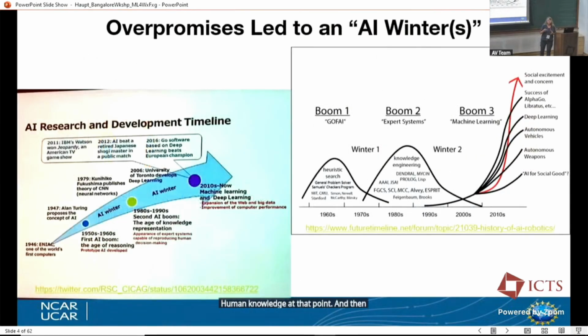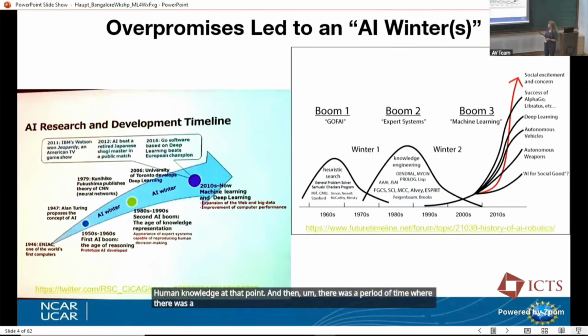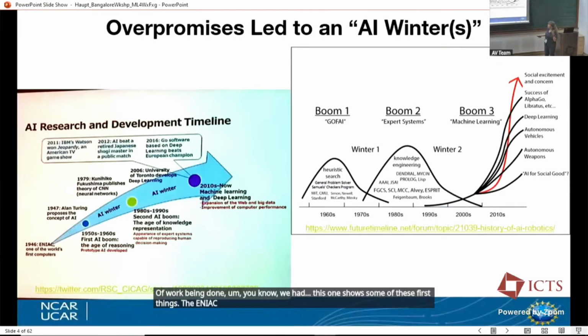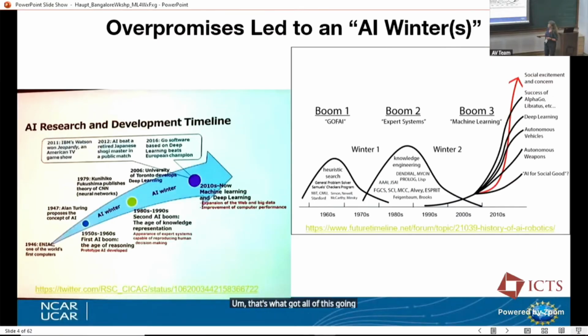And then there was a period of time where there was a lot of work being done. This one shows some of these first things. The ENIAC computer, we heard about that the other day, 1946. That's what got all of this going, Alan Turing. And we had a first AI boom.